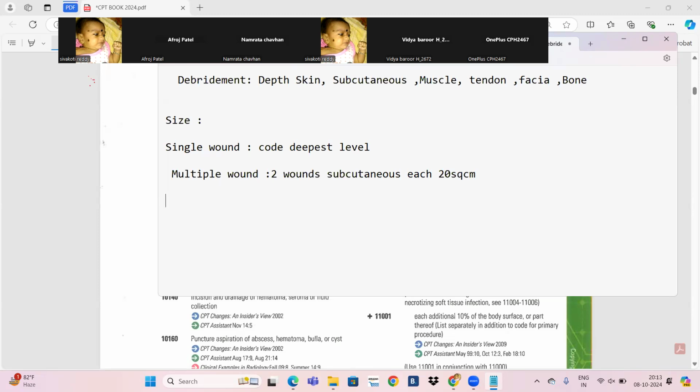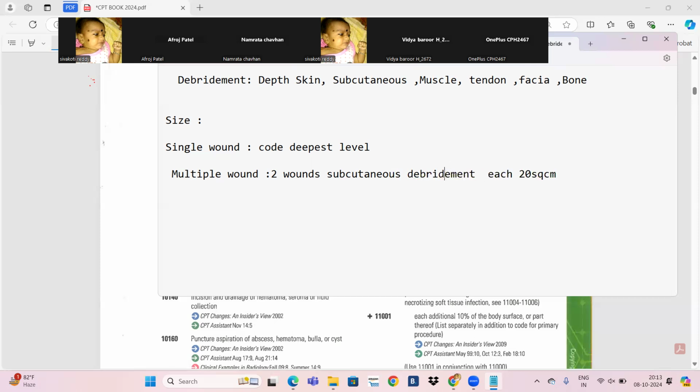So here you will sum the size, or code the wounds separately? Sum the size. Both wounds are the same subcutaneous depth, correct? At that time, add. You need to sum the size.